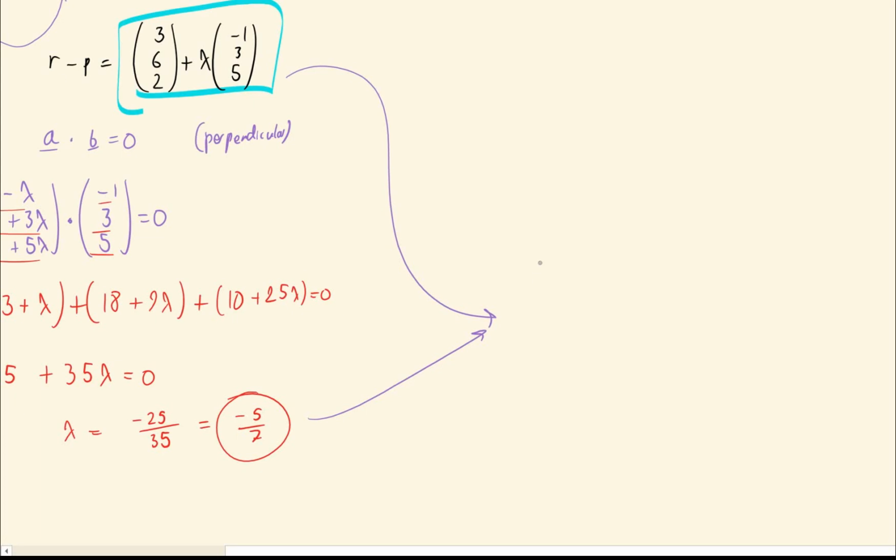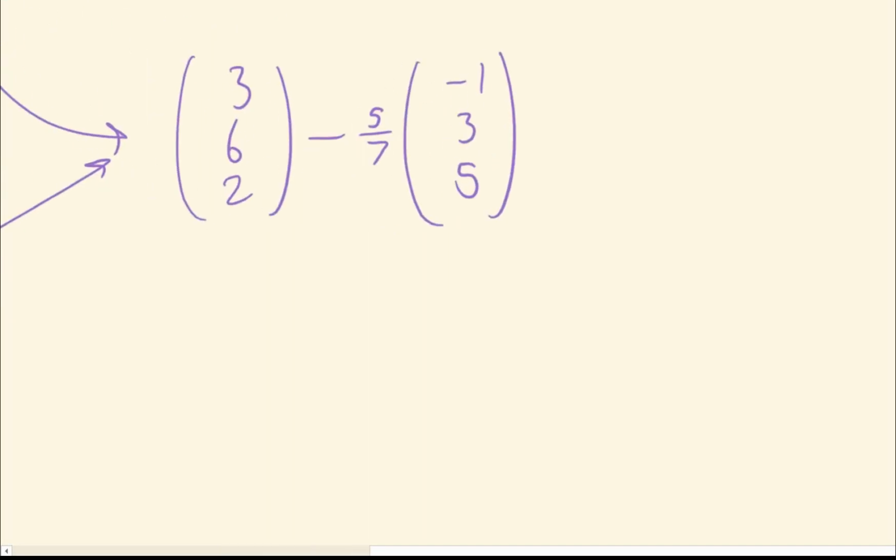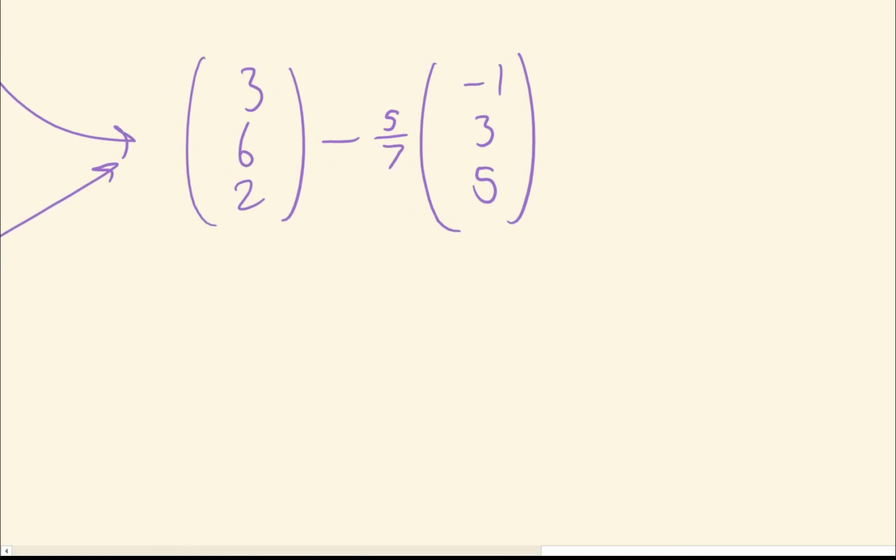So substitute that in, and we're now going to have 362, and let me keep it out. So minus 5/7 of minus 135. What you now want to do is we want to find the length of this vector. Let me look a bit nicer. So you put it in the calculator if you want to, and that's going to give you something like, let's have a 7th out the front.